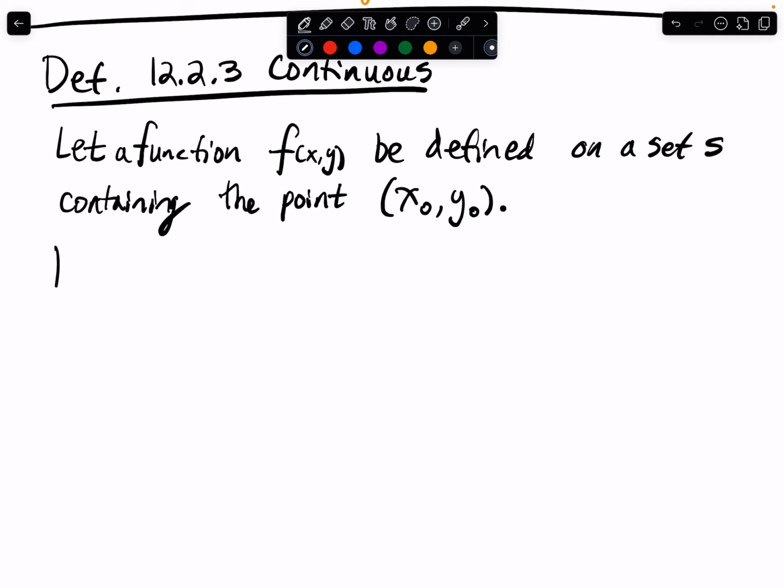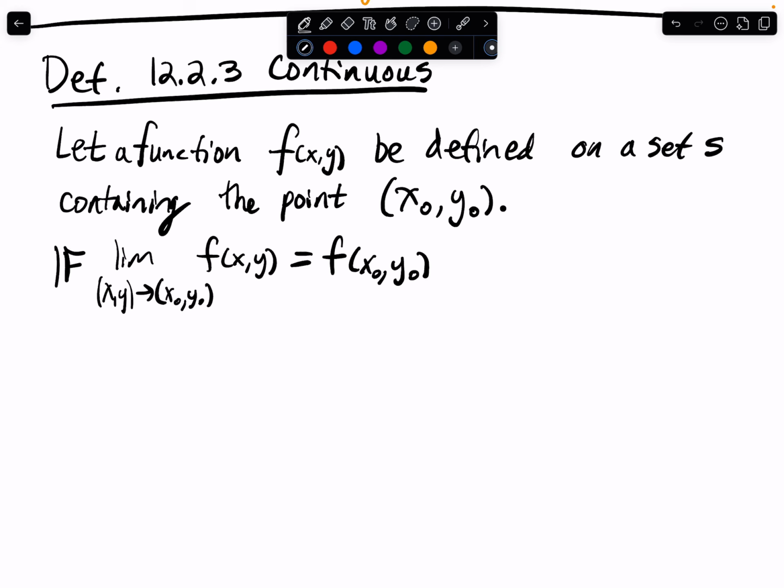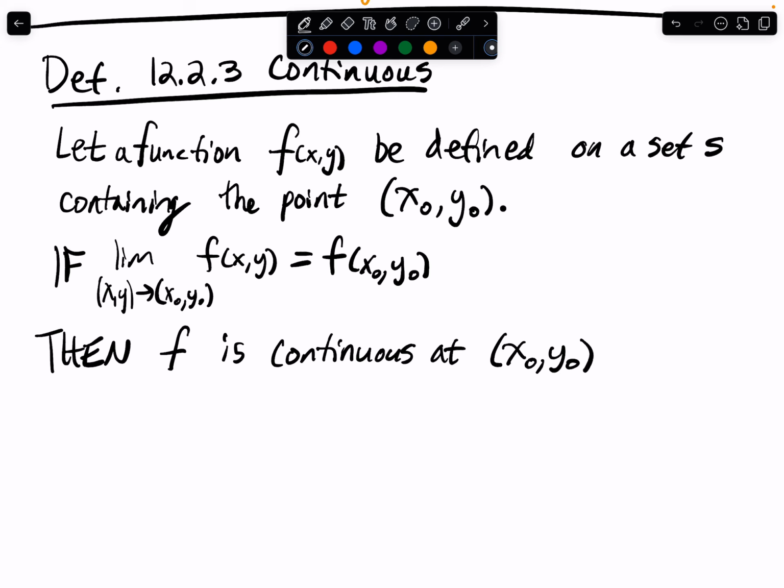If the limit as (x, y) goes to (x0, y0) of f(x, y) is equal to f(x0, y0), then f is continuous at (x0, y0).